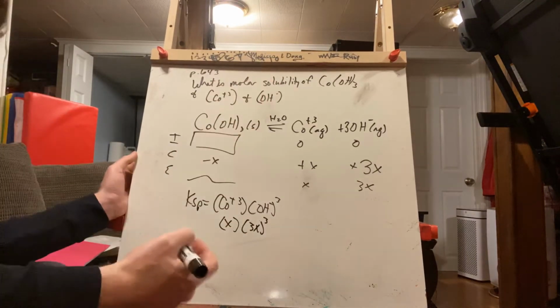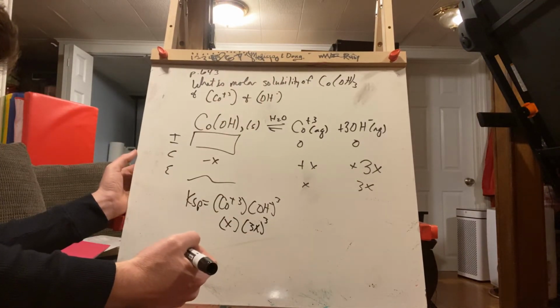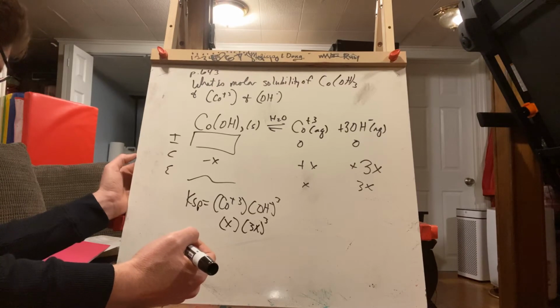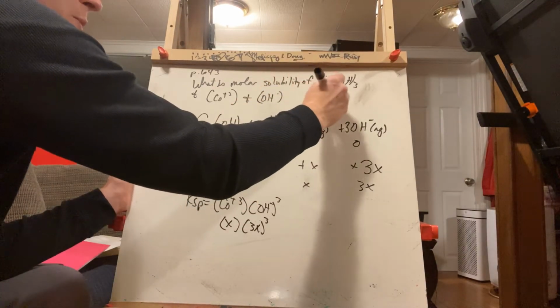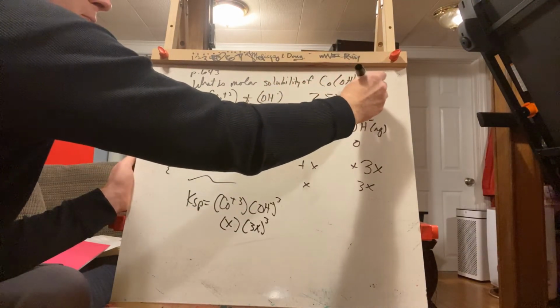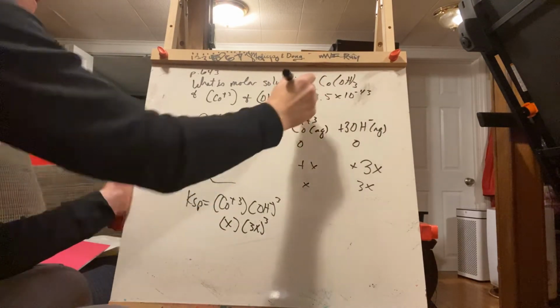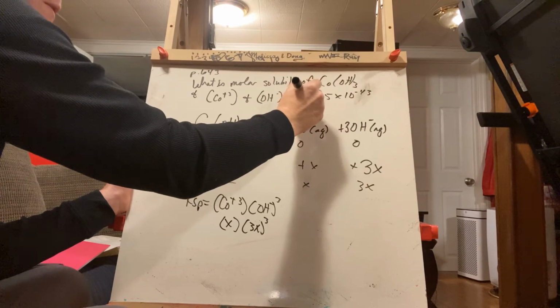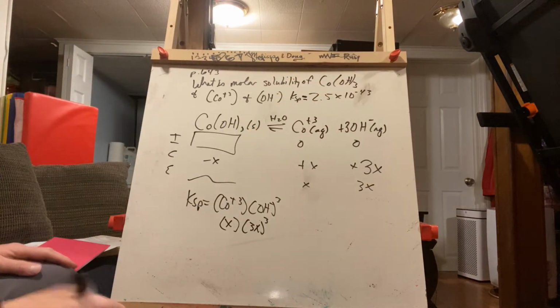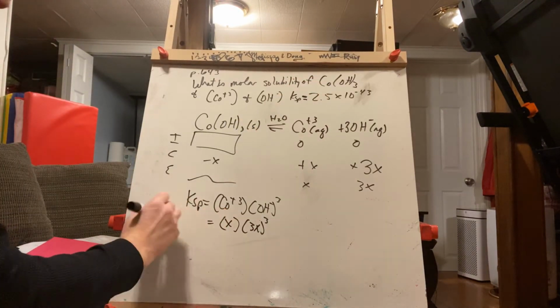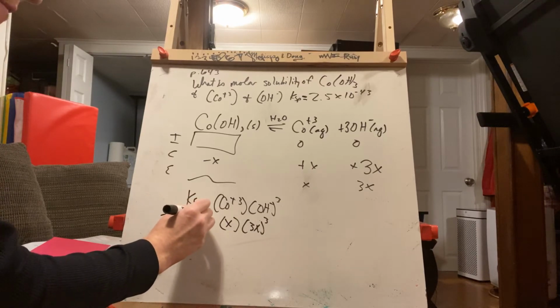Oh, and I forgot to tell you the Ksp of this one. Very insoluble: 2.5 times 10 to the negative 43rd is your Ksp. So super, super small. Now we're going to say 2.5 times 10 to the negative 43rd.